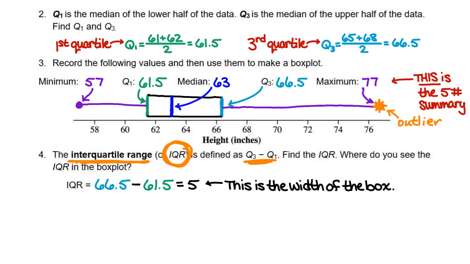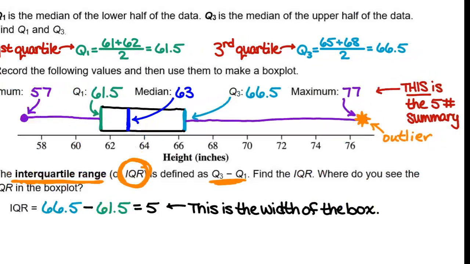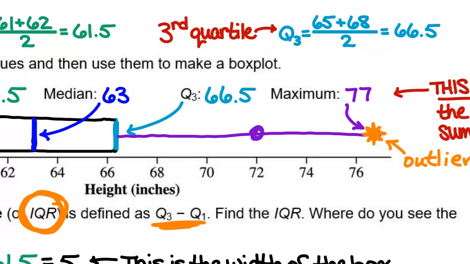And my whisker on my box plot still has to end on a data value. What was the next largest data value? 72. So that's where my whisker is going to end now. And the whisker would not extend out this way.